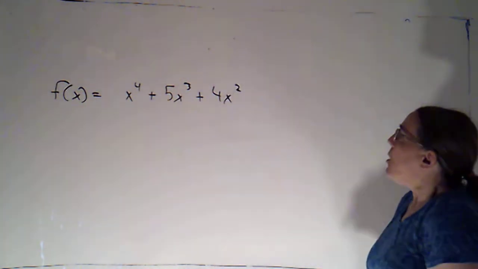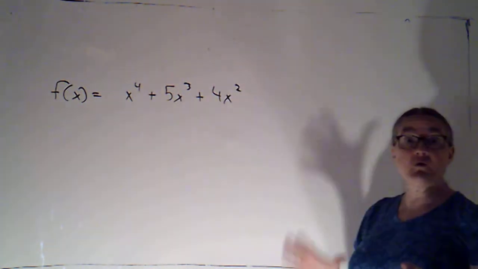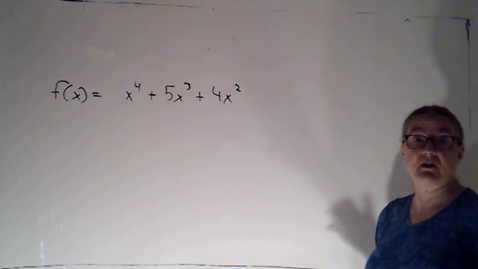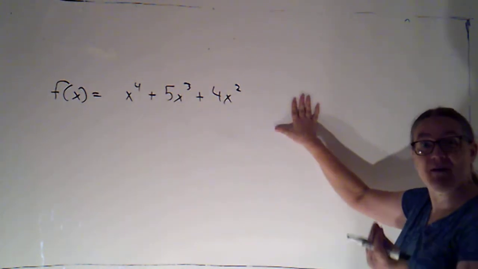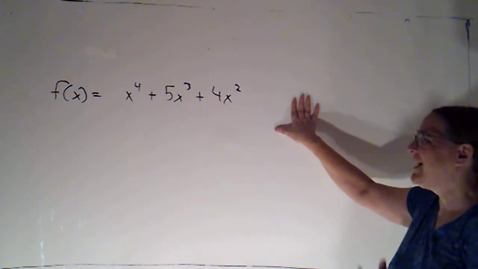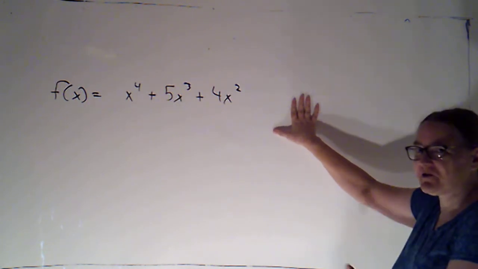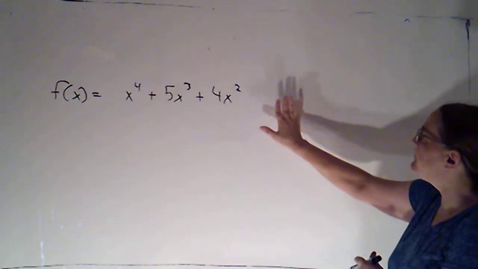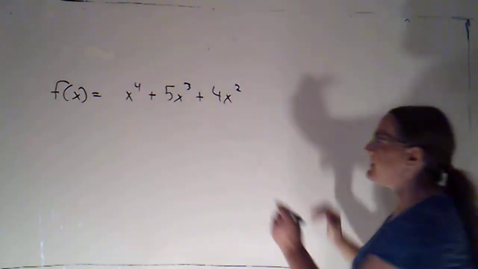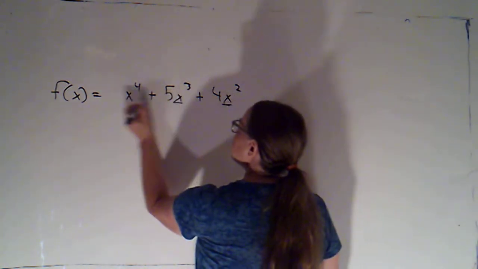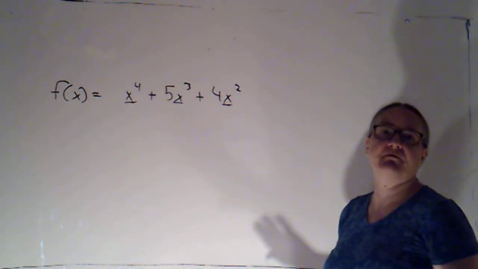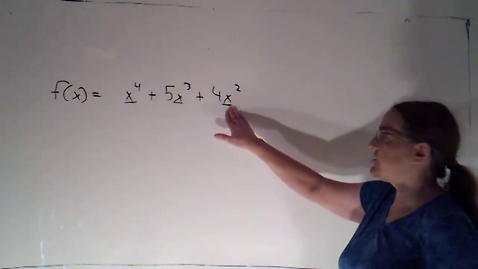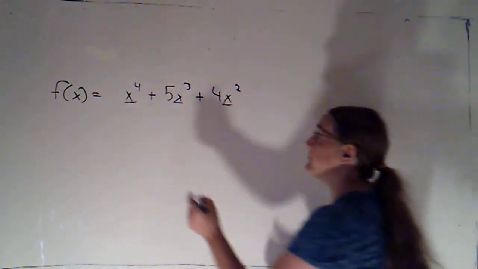Well, here, I couldn't use the rational zero theorem to start looking for zeros because my constant term is 0. And remember, to use the rational zero theorem, I have to have a non-zero constant. But if my constant term is 0, that's going to tell me that there are x's in every single term, so that there's a greatest common factor, which in this case would just be x squared, that I can pull out.